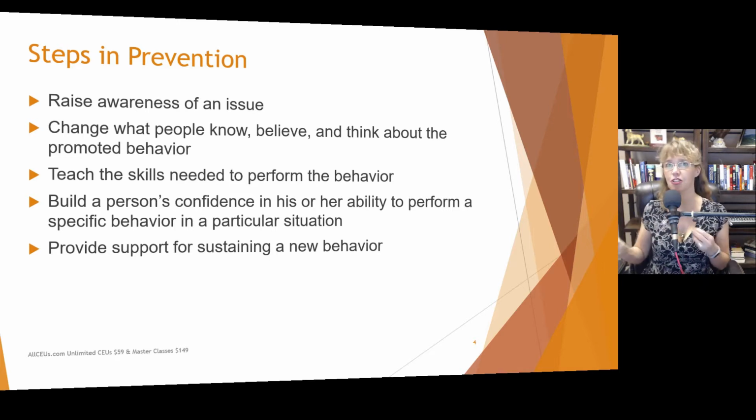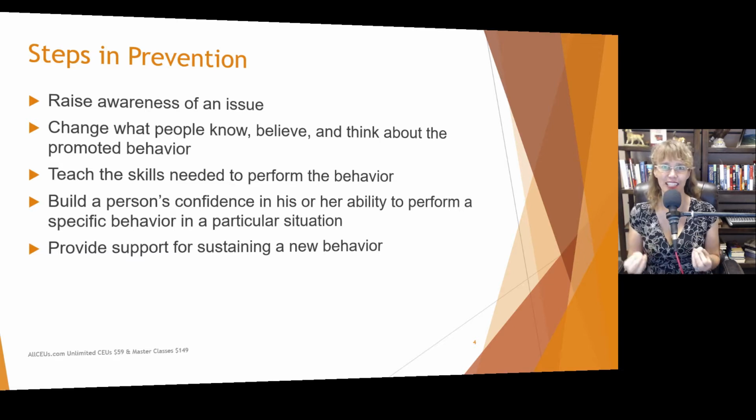We want to help people understand, for example, that opioid misuse doesn't happen just because of pain issues. Opioid misuse happens for a lot of reasons. So we want to help people connect the dots and see what the underlying issues are that are triggering or promoting this problem. The next step is to change what people know, believe, and think about the behavior.